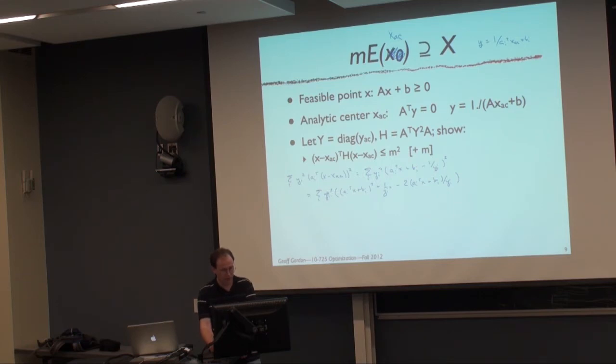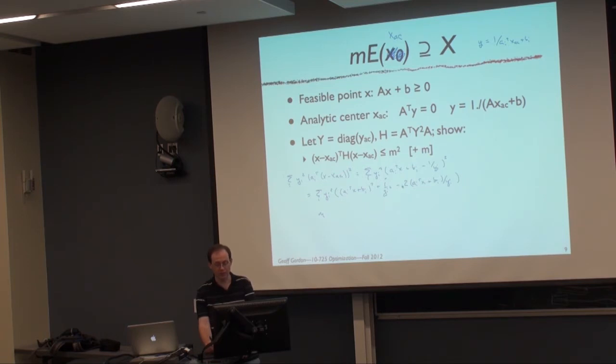First, we have yi squared times 1 over yi squared. That's 1. There are m terms in the sum, so that's going to give us an m, right? So that gets rid of that term. Second, this term, 1 over yi is positive. ai transpose x plus bi is positive because x was assumed to be feasible. So this whole term is positive, then we're subtracting it, right?